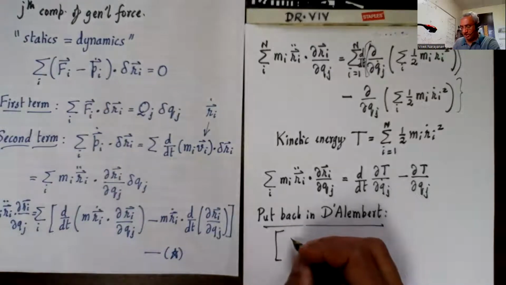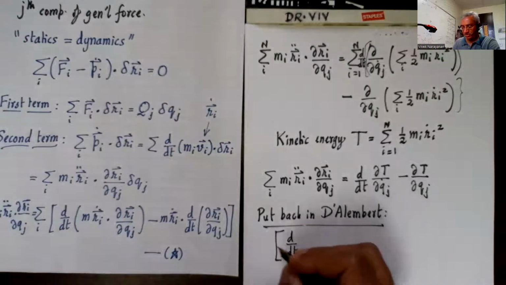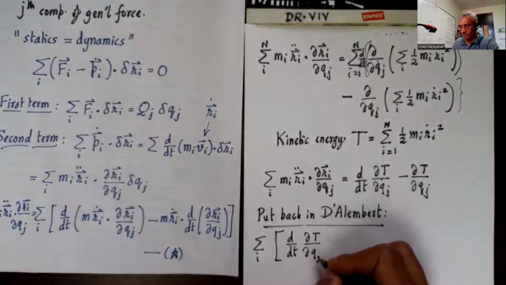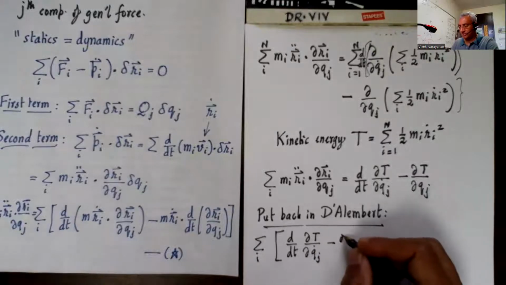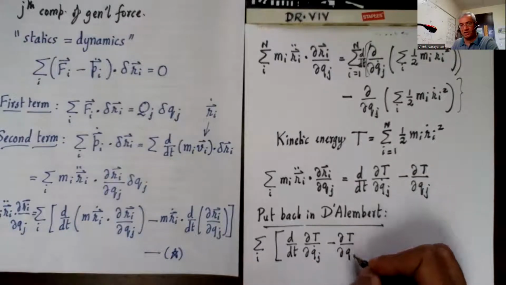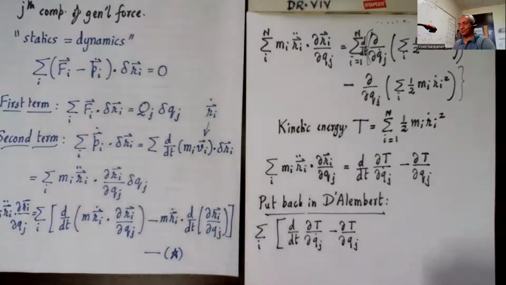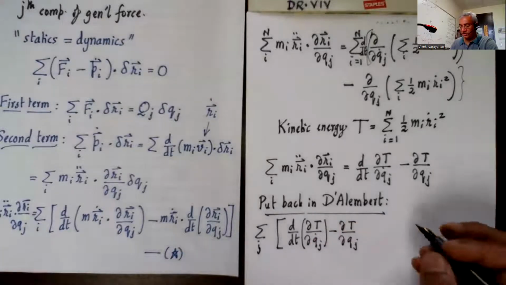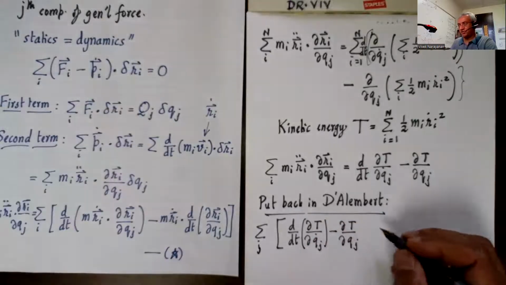So I get d/dt, sum over all the i's, of ∂T over ∂q_j dot minus ∂T over ∂q_j, and sum over all the j's, and not i's anymore. So that is the second term written first.